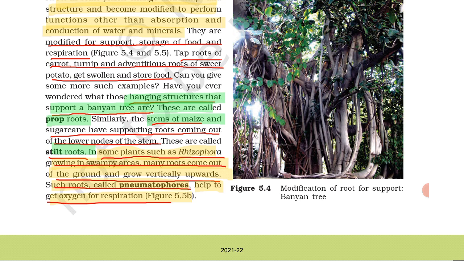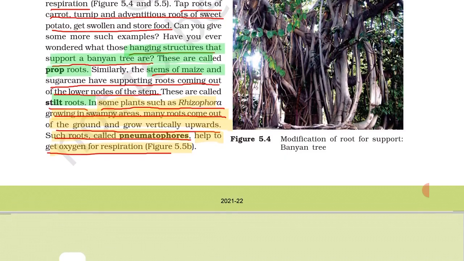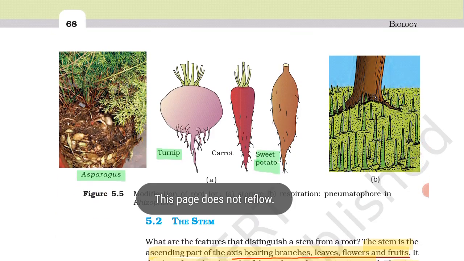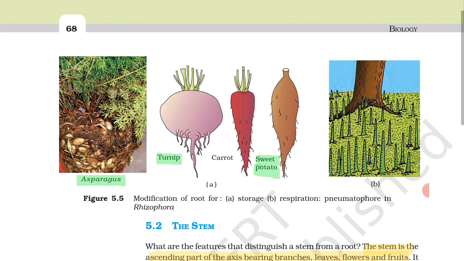These roots are for respiration. They help to get oxygen for respiration, and such roots are called nematophores. So let's see figure 5.5b. They have shown nematophores, and the example is rhizophora.